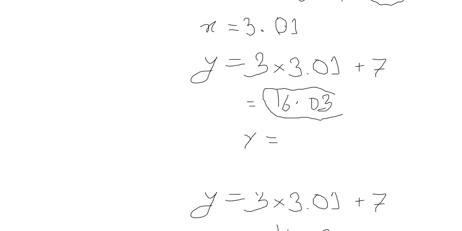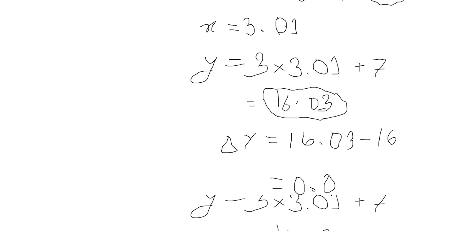So delta y, the change in y, will be 16.03 minus 16, which is 0.03.